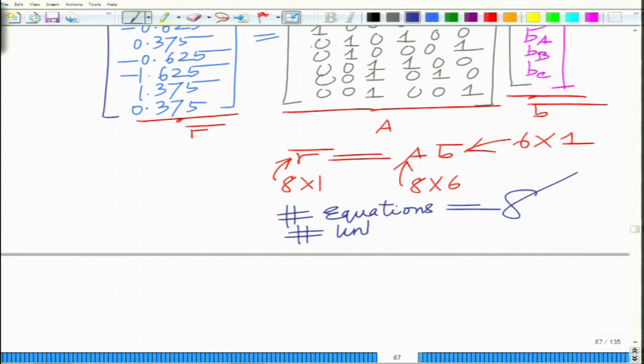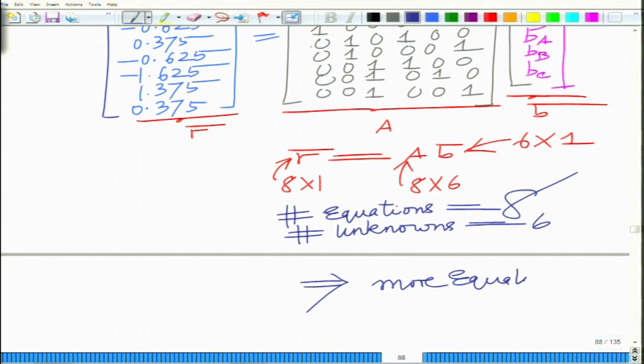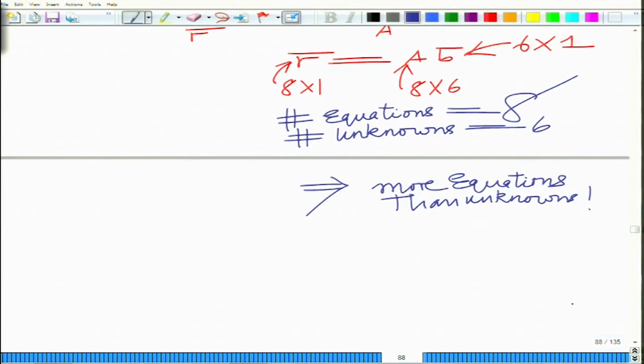The number of unknowns equals 6, which implies more equations than unknowns. We have seen this several times; this is an overdetermined system.